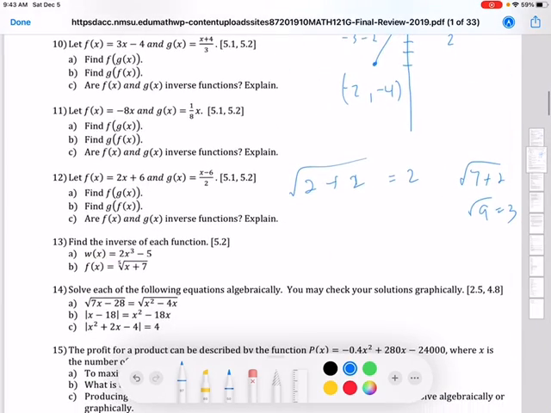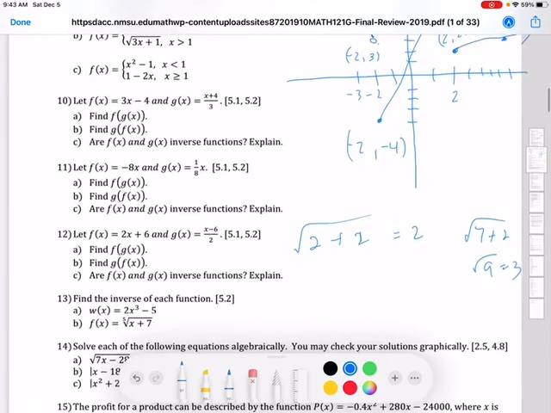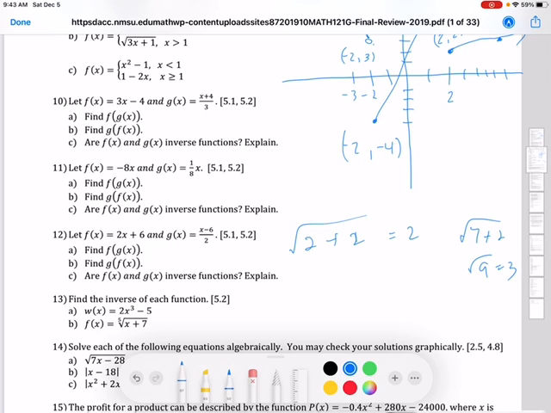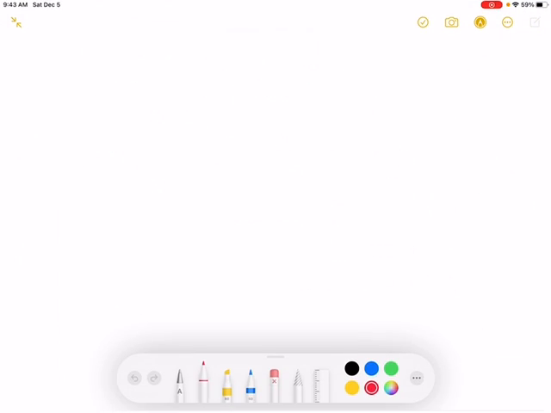10, 11, 12 are very similar. Let's do one of these. Maybe let's do 10. So f of x is 3x minus 4. g of x is x plus 4 over 3.